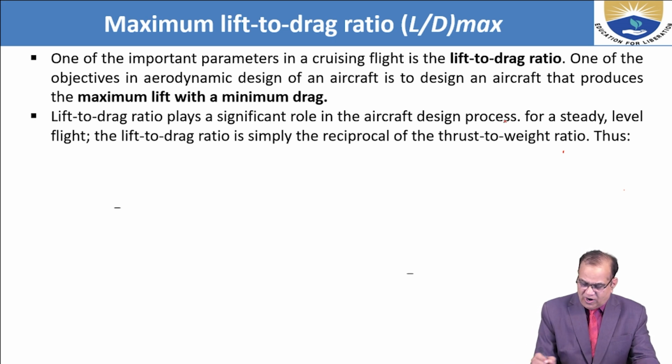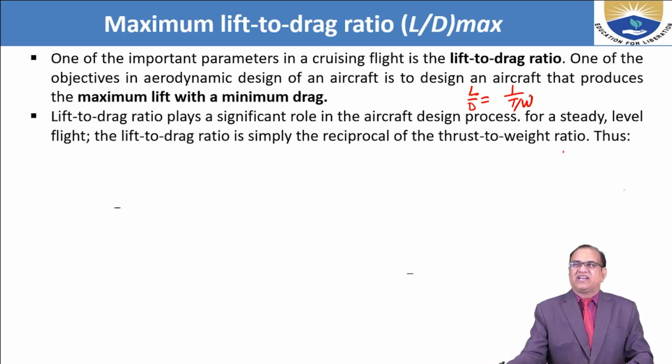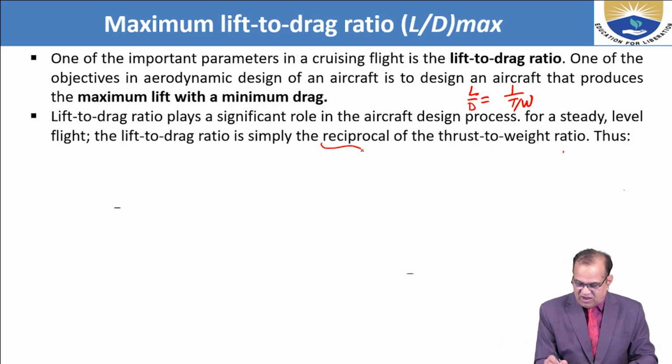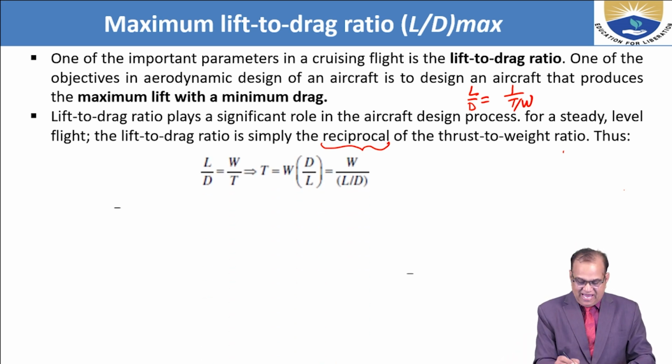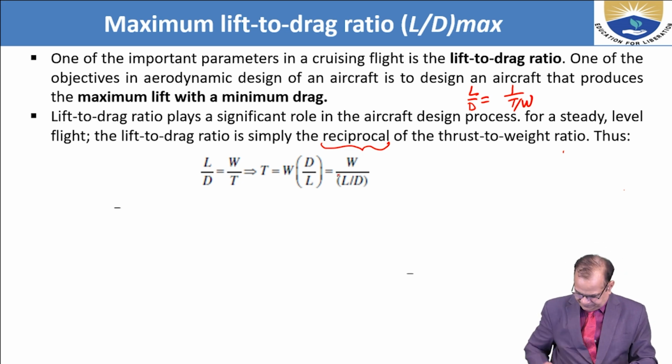So lift to drag is equal to the reciprocal of T by W. Thus, L by D is equal to W by T, or T is equal to W into D by L, or W by L by D. So thrust is equal to W by L by D.